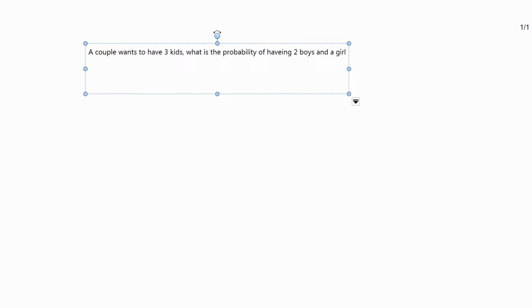The reason I show this problem is because students need to know how to make a sample space. This is the one that I always use. So you have to have a sample space, and there's 8 of them. You start with all boys: boy, boy, boy.